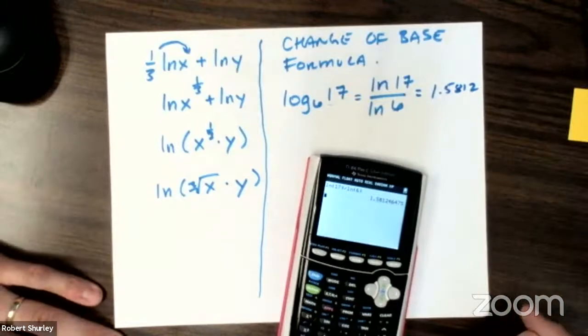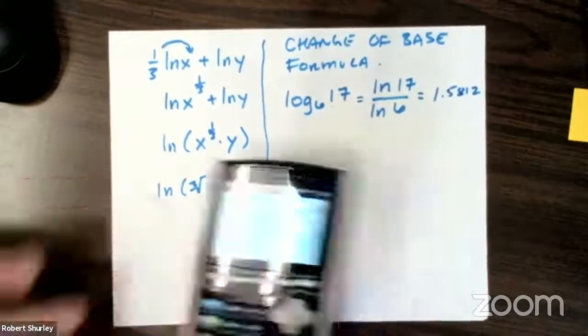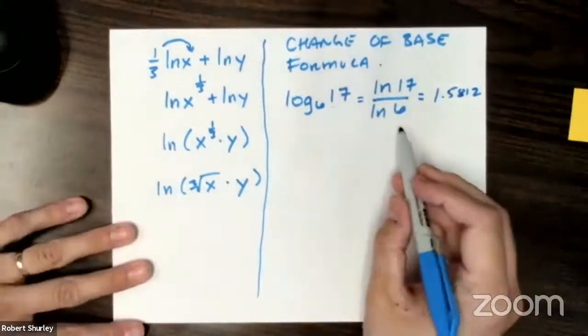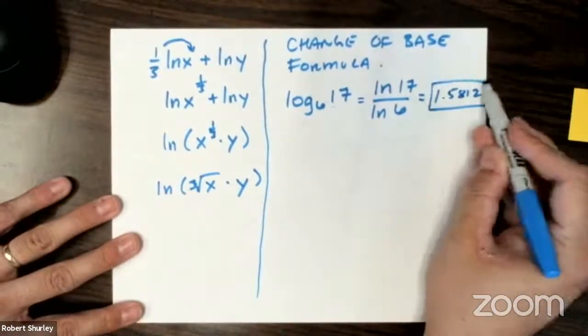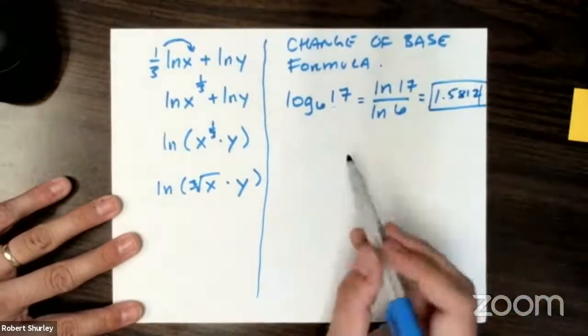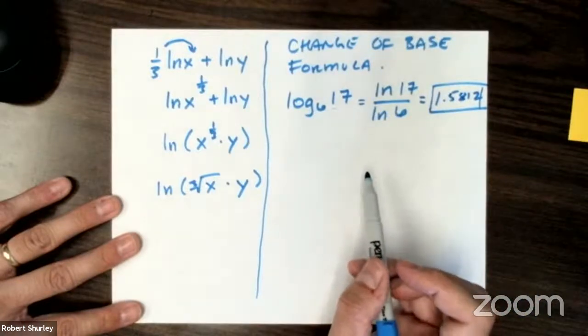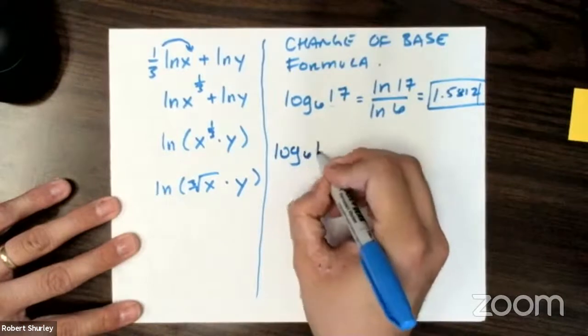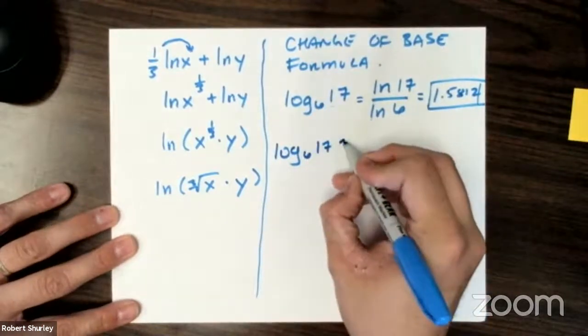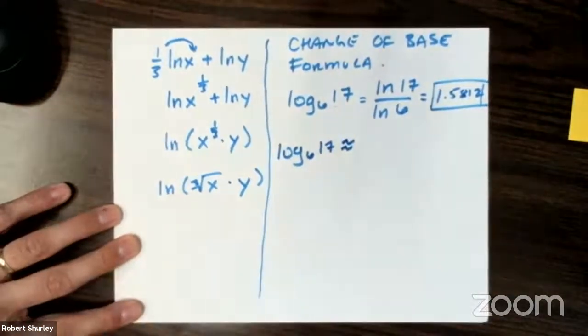Okay, 1.5812. I'm going to check this just to show you that it's pretty close. I'm going to box this in because I know it's the answer. But if I wanted to check it, I could use what I know about exponents and logarithms. Log base 6 of 17, I'm going to use these squiggle lines. That means approximately.